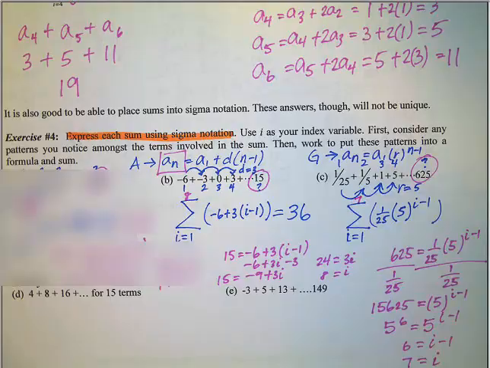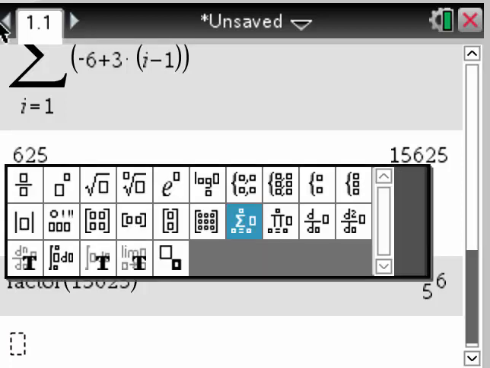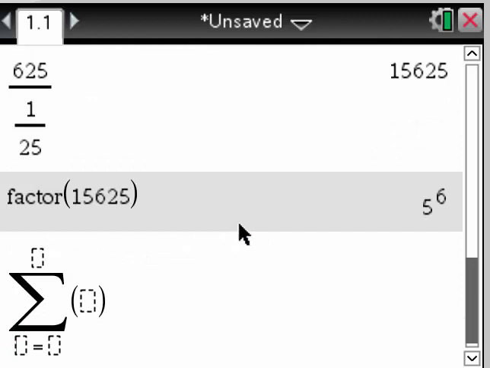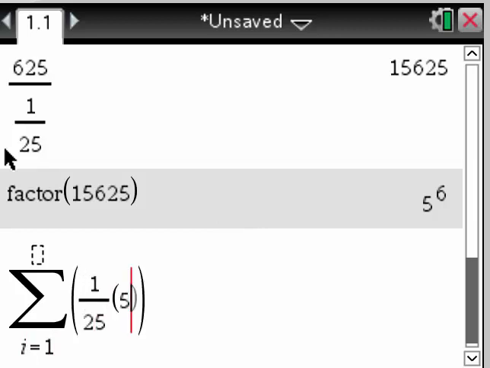I grab my calculator. I'm going to put in summation. I have I equals 1. I have 1 over 25 times 5 raised to the I minus 1.